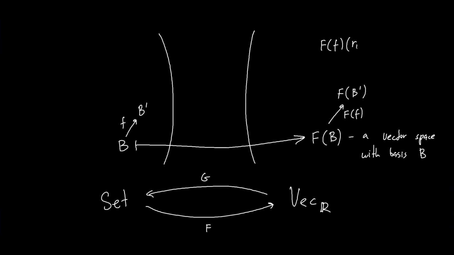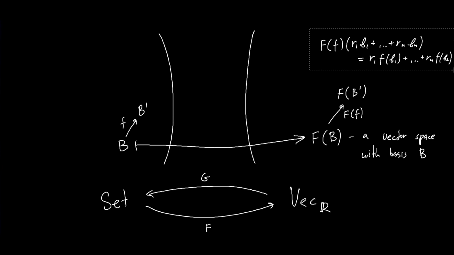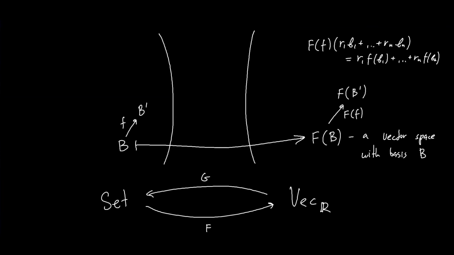So I consider that decomposition, then apply f to each basis vector and consider the corresponding linear combination in the other vector space. I think we've already considered this functor before. So we get a functor going from the category of sets to the category of vector spaces, and this seems to be the most natural way of creating a vector space out of a set.